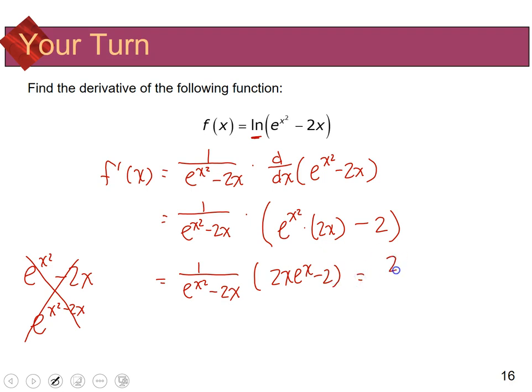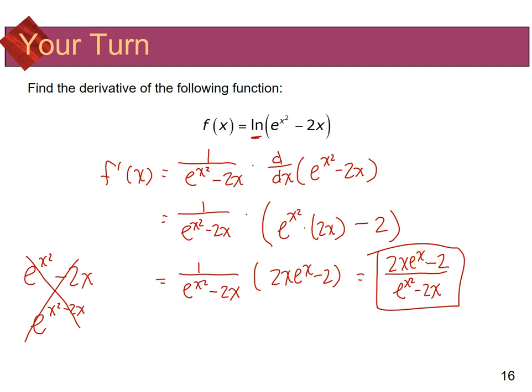If I want to, I could rewrite that, and oftentimes the textbook will, so if you're checking your answers, you would have this over that. This would be your final answer for the derivative of that function, or at least one that the book would most often give you.